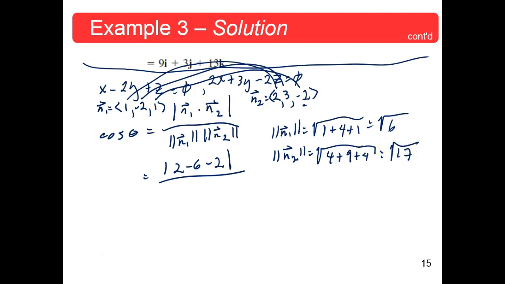Ew. Okay, I just made that up. Okay. Now, so the product of those two is the square root of 102. Is that right? 6 times 17 is 102. Yeah, I believe that's right. Okay. And the numerator is 6.